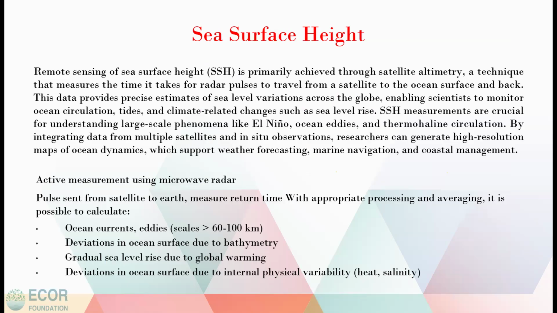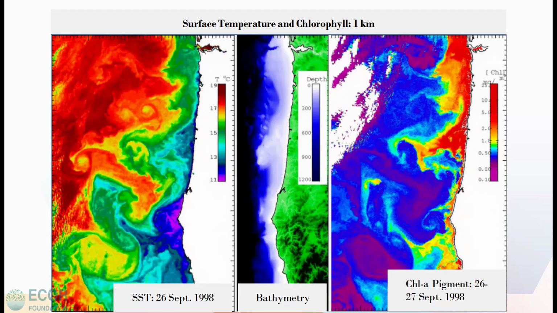As you can see, we are able to establish the correlation of how the SST is influenced by bathymetry, and it will also influence the chlorophyll because we have a photic zone in any particular water body. So light can penetrate only up to a certain level. So that is also influenced by the bathymetry.